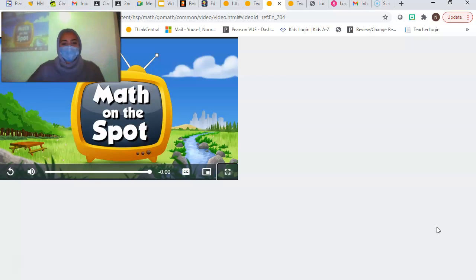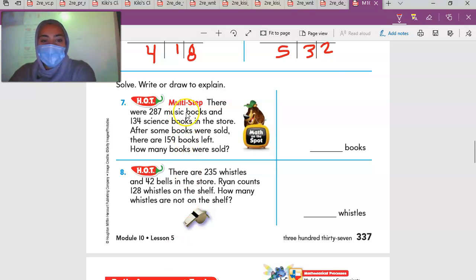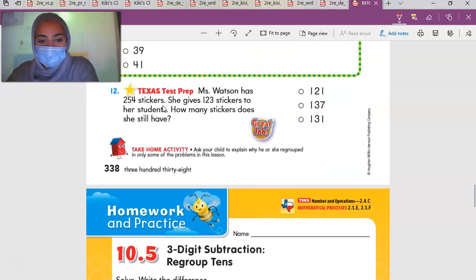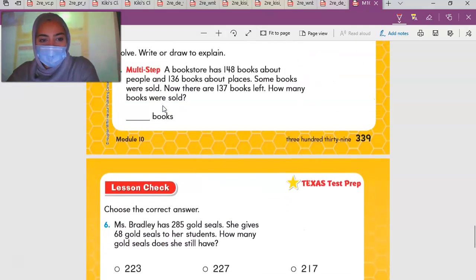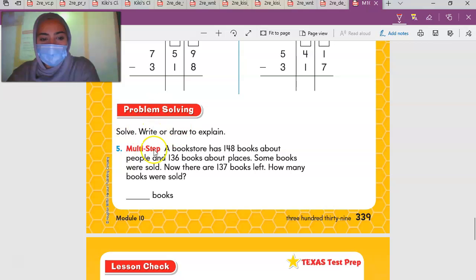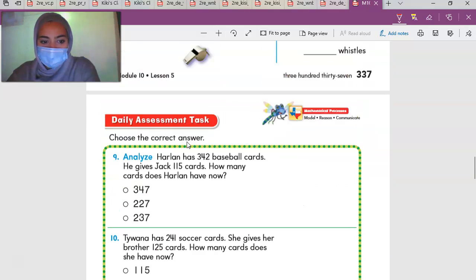Okay, let's try the problem together. I would really pay attention, because when you have to do the yellow page in a little bit, let me give you a clue, because some of you guys aren't getting it. This problem that says multi-step is normally the same exact kind of problem that we do here.